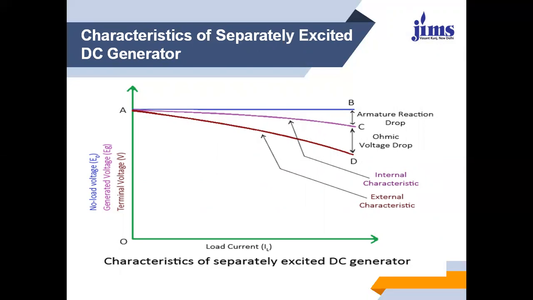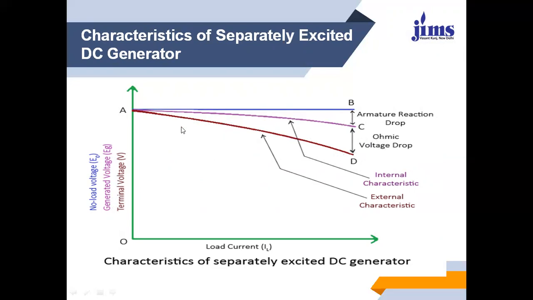The total resistance offered by the machine before we get the output at the terminal voltage, that drop is indicated as the ohmic voltage drop or the resistance voltage drop of the machine. If we subtract this, we find that the curve is reduced.